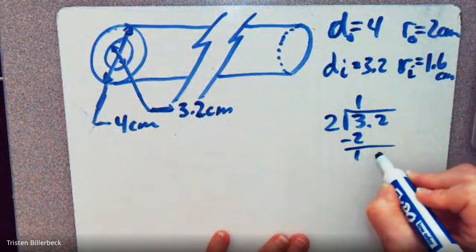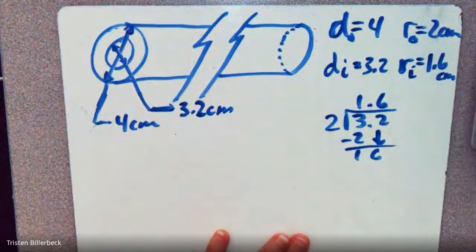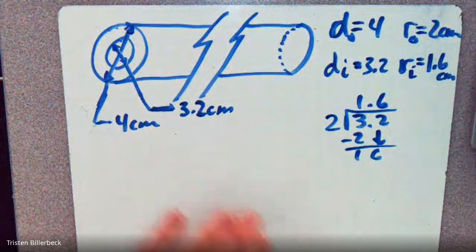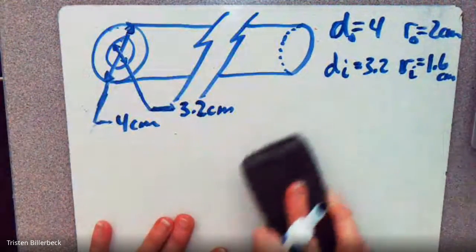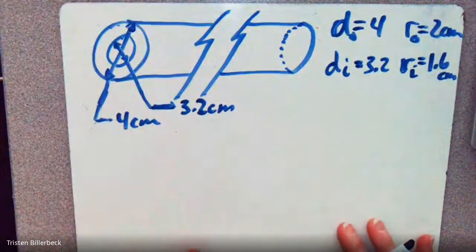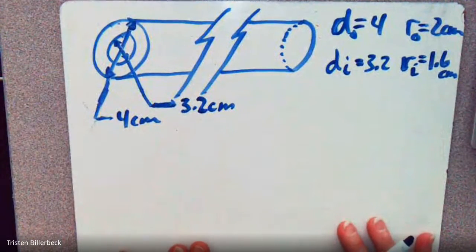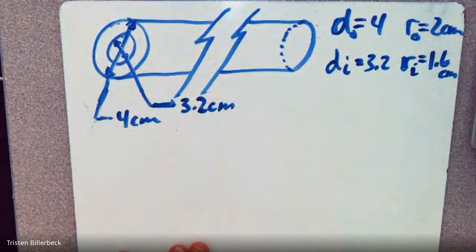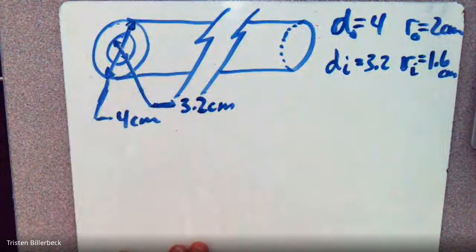So we subtract and we drop the 12 down and we get 1.6. So that's how I got 1.6. Okay, I just divide that by 2. All right, so now we won't make any horrendous errors by using a diameter in an area formula. Okay, not that I didn't do that before, but let's be careful.